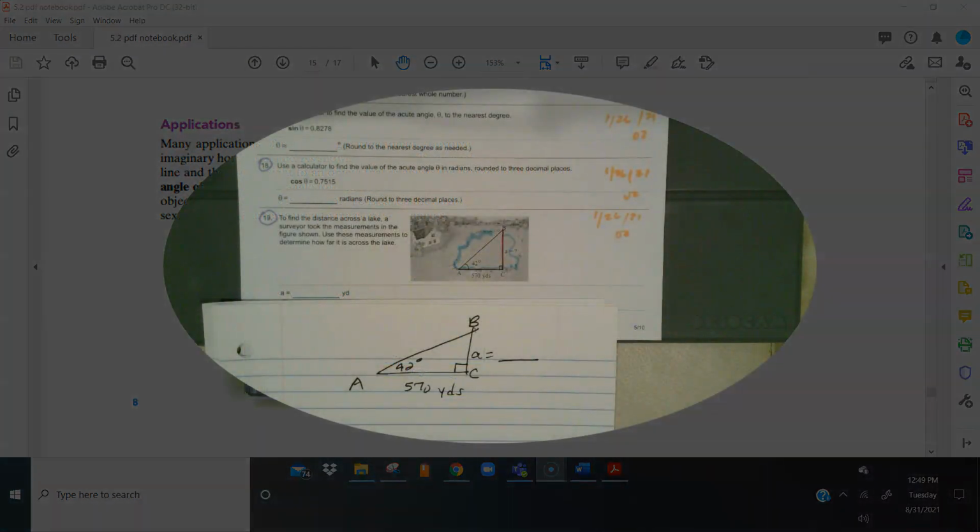So here's my first one. It says to find the distance across a lake, a surveyor took the measurements in that figure that's shown, and to use the measurements to determine how far it is across the lake. The lake has sort of been highlighted in blue, and we're trying to find the length of the hypotenuse here.